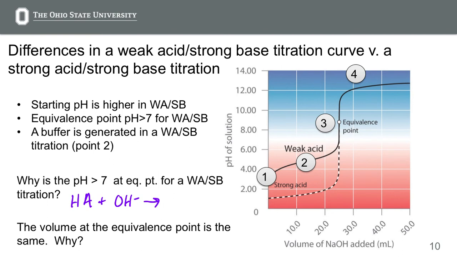You're on the right track. So when we react our weak acid with the strong base, it completely reacts at the equivalence point. We've added stoichiometric equivalence. We end up with A- plus water in solution. But what do we know about A-, our conjugate base? It's basic. Exactly.